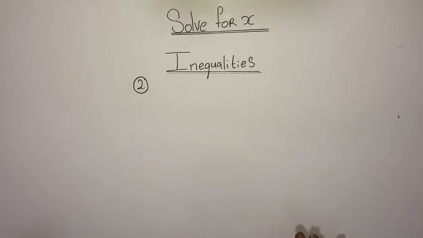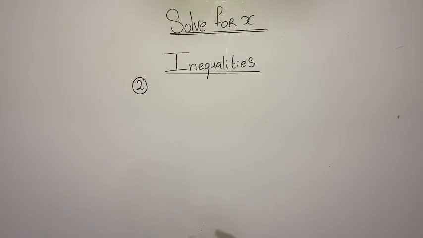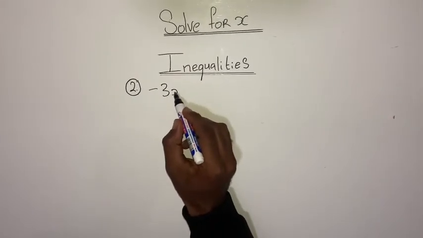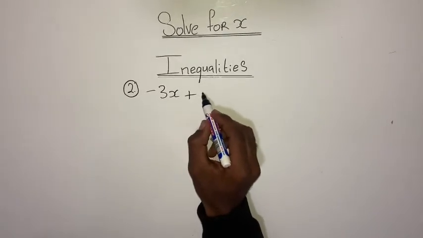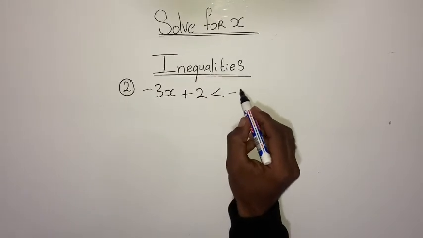We are on our second sum now, still on inequalities. We'll go for negative 3x plus 2 being less than negative 2.